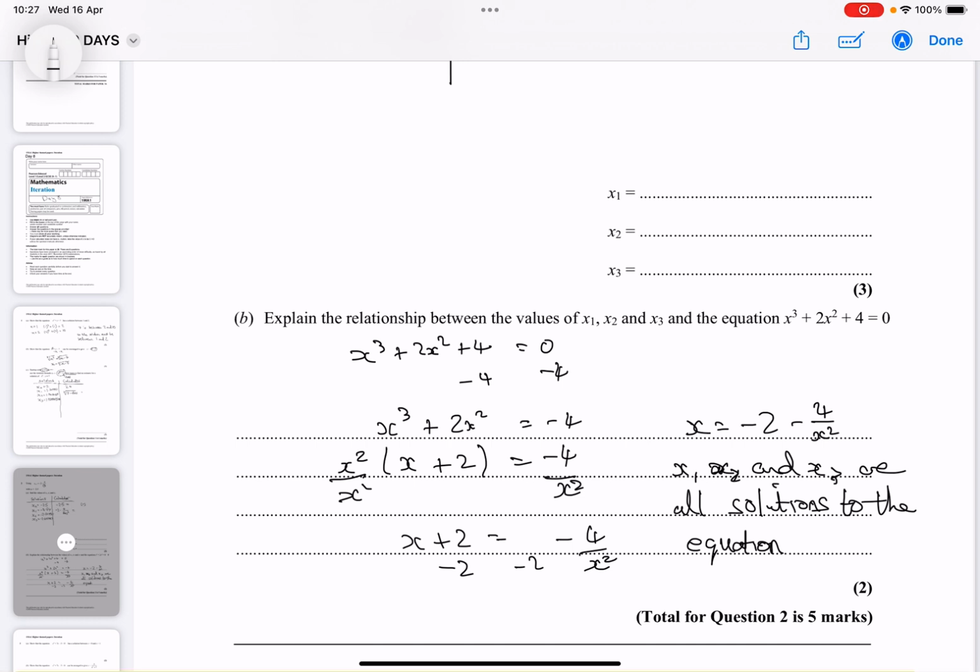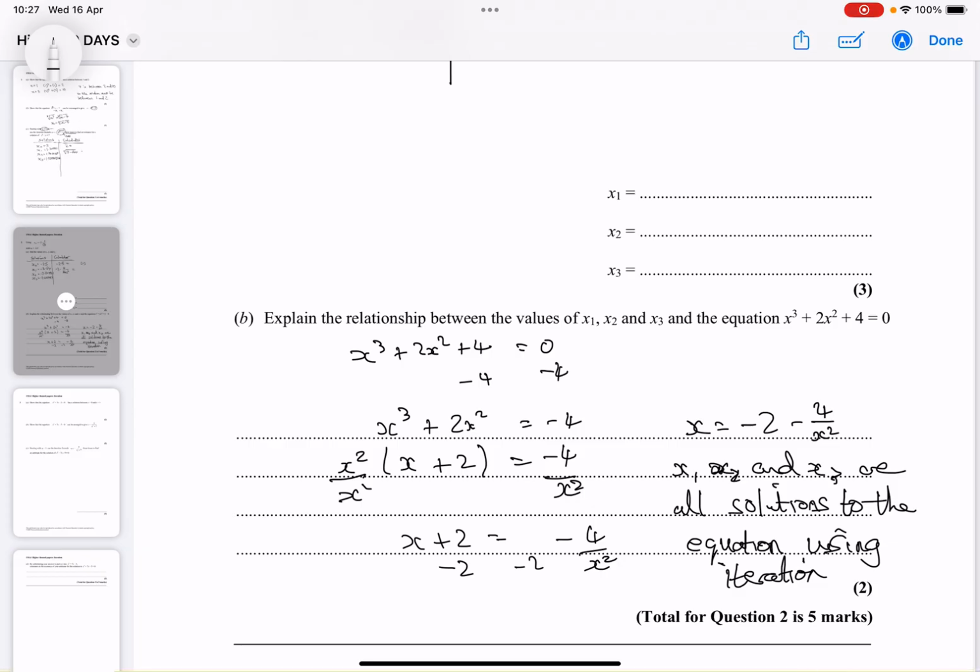Okay, so use the word solution. And that's all it is. I'm using iteration, and the fact that I've used the word iteration means I've used one to get from one to the other. Use the word solutions and you'll get something.